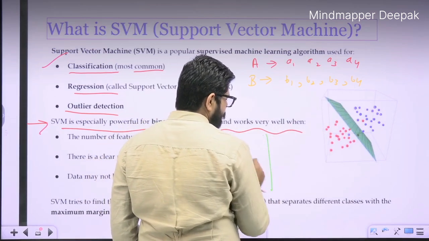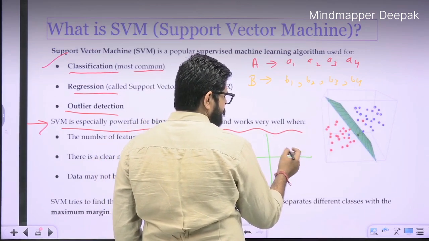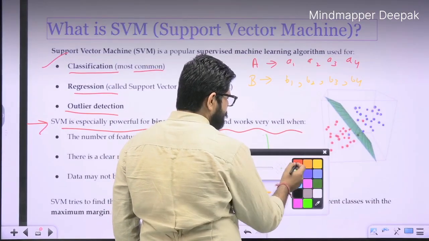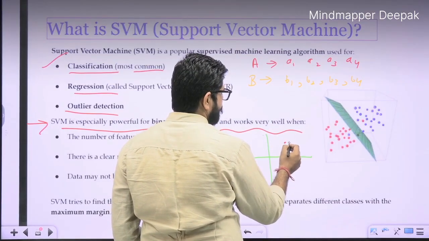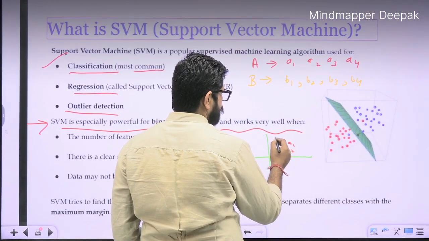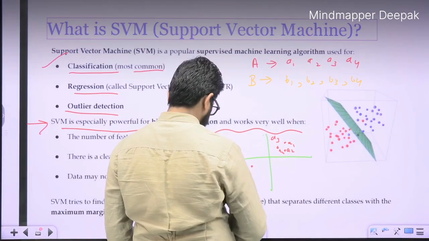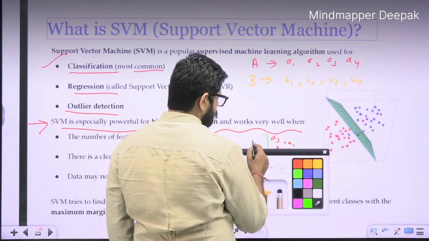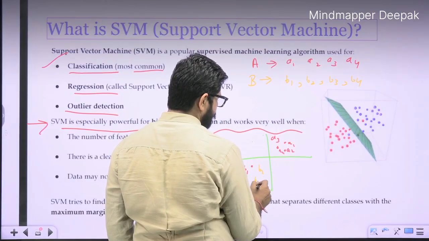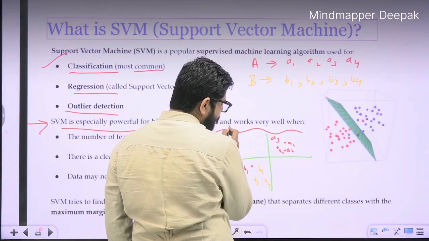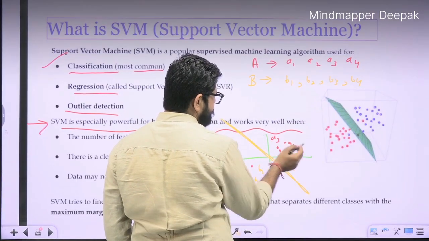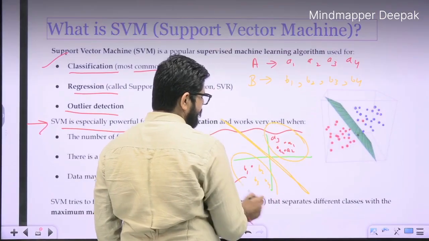All the points of class A will remain here: A1, A2, A3 and A4 here, and B1, B2, B3 and B4 will be there, and this is the line which separates these classes.